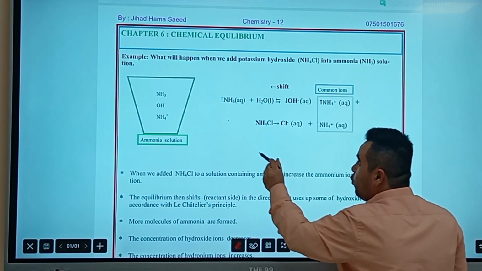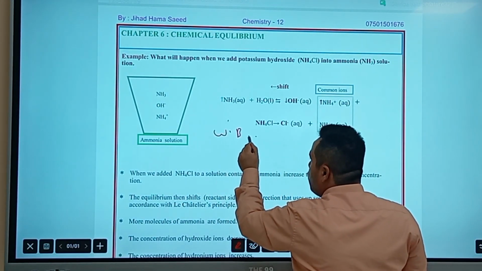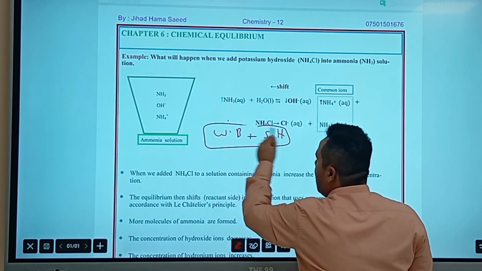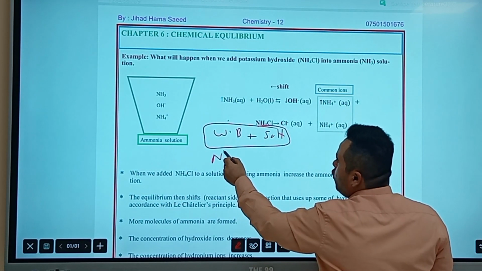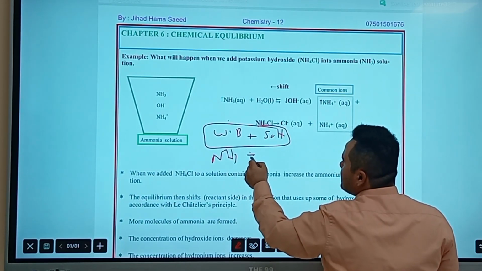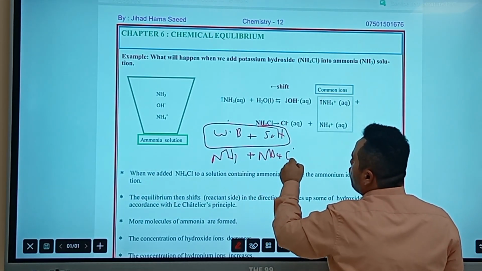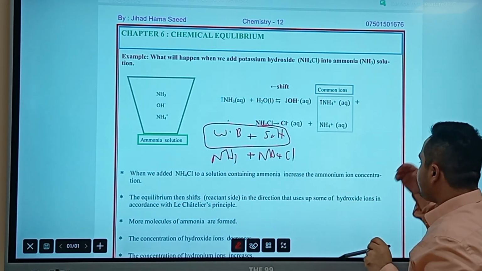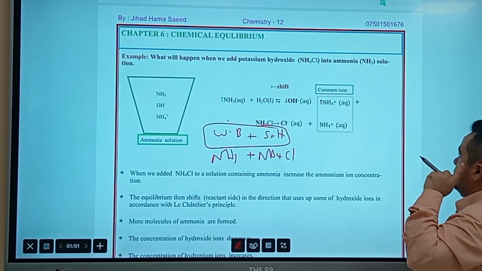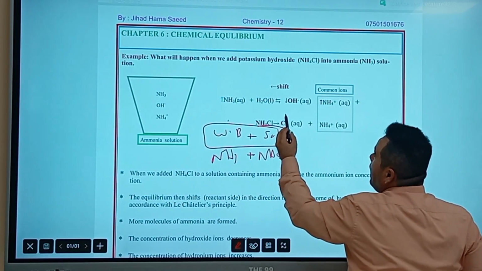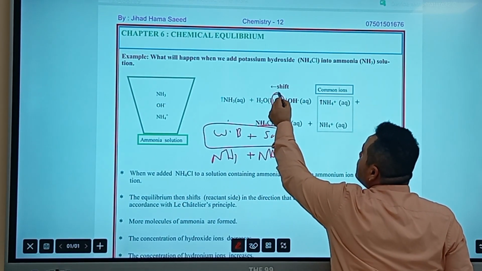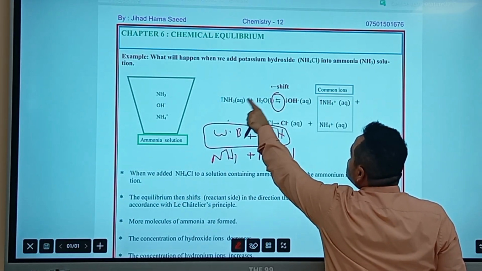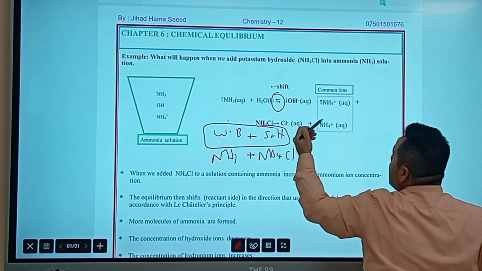When we add a weak base with a salt which has a common ion, like ammonia plus ammonium chloride, these two are in common with each other. What will happen, guys? When we have the weak base, it is a reversible direction, so the favorable direction is toward the reactant.